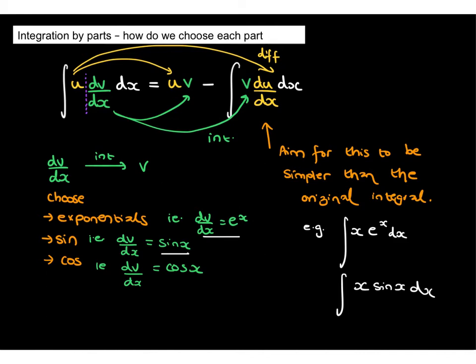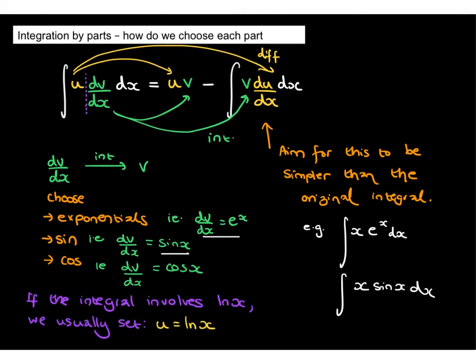Now, one key thing if you're looking at using integration by parts and an ln function is involved, this will almost always have to be the u part of the function. It does take practice and it does take experience to become comfortable and familiar with integration by parts, and you usually discover very quickly if you've done it incorrectly, because you will find that this part of the integral over here becomes too complex and you then can't actually integrate the function at all.